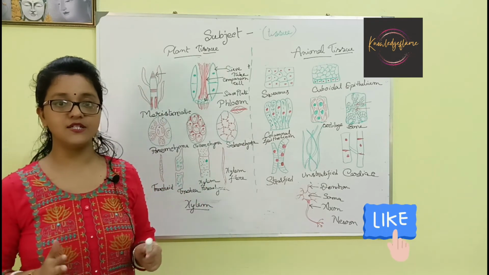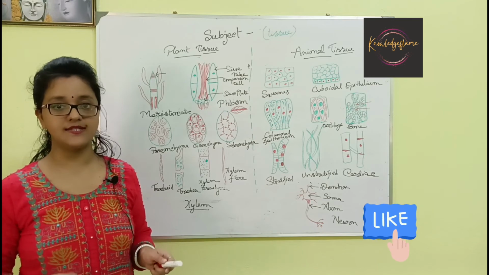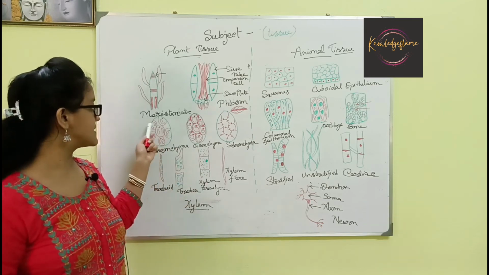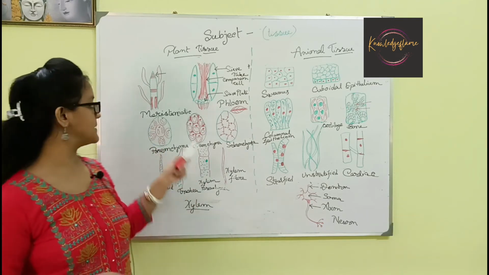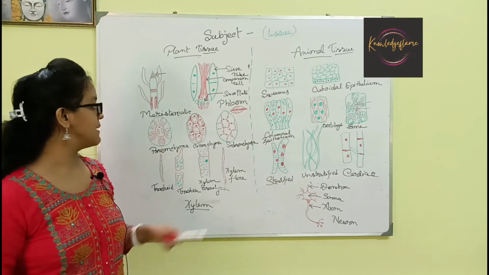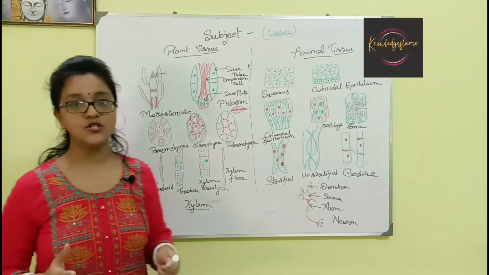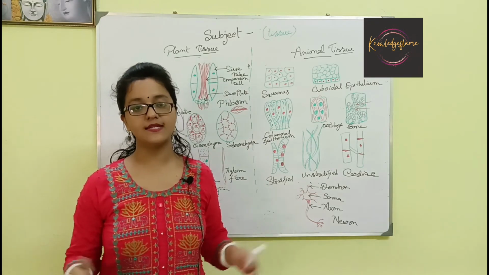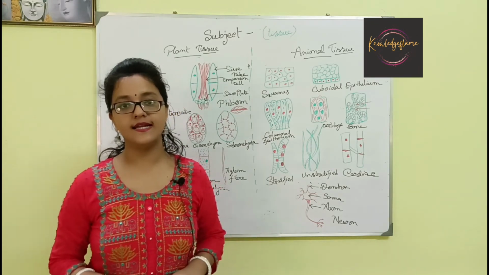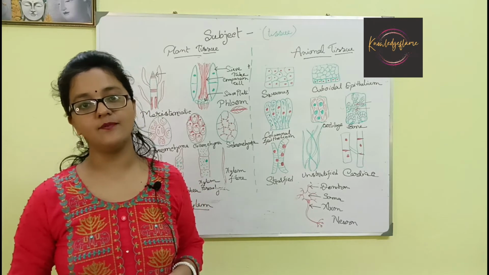In parenchyma tissue, the intercellular space is so big, the cells are loosely fitted. Here it is, the intercellular space, but here the intercellular space shortens due to the deposition of cellulose, hemicellulose and pectin in the cell wall, and there is a large vacuole and a prominent nucleus.